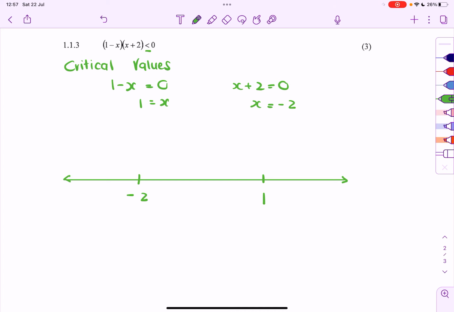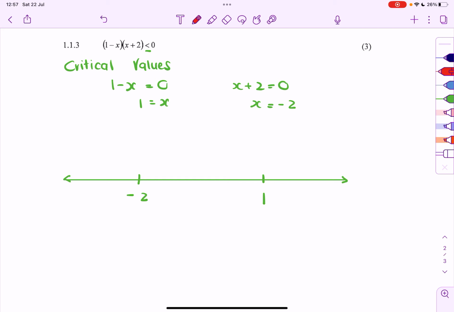Next step in a quadratic inequality, we need to find the signs of each of the regions. So let's start with this region for numbers greater than 1. So numbers greater than 1, let's choose a random value, perhaps maybe 4.